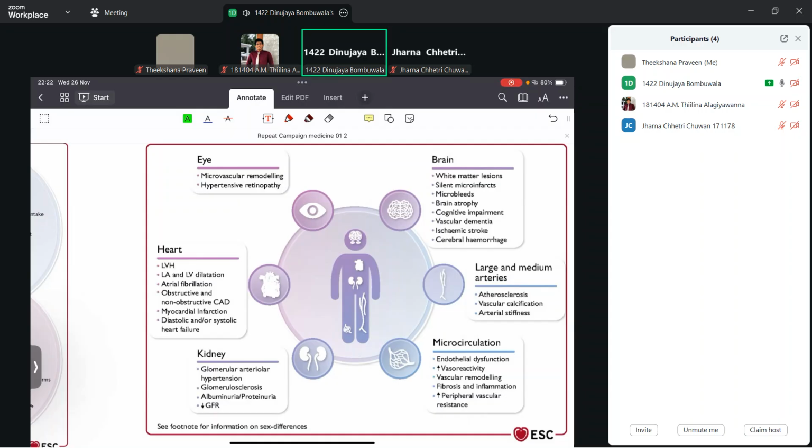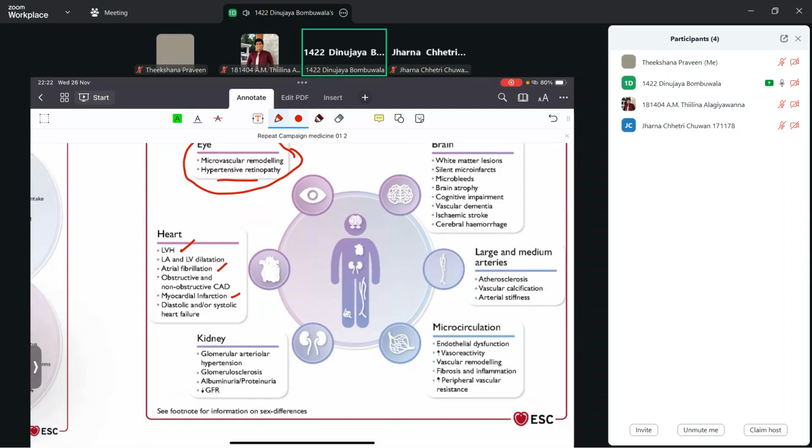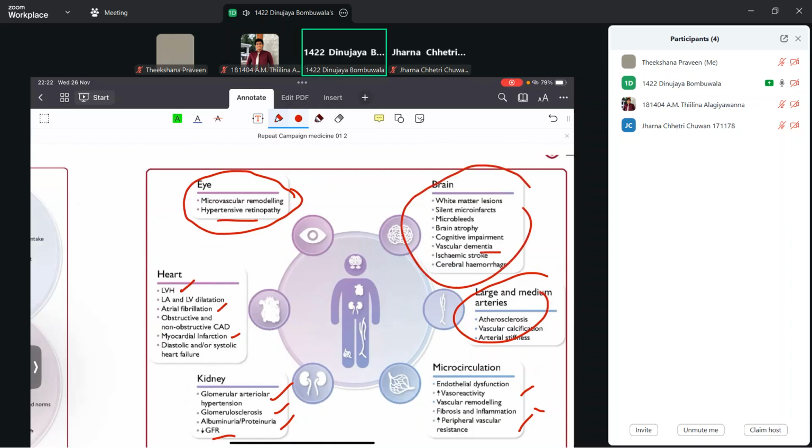In the eyes, there can be hypertensive retinopathy and macrovascular complications. In the heart, LVH and atrial fibrillation. Kidneys, glomerulosclerosis and ultimately CKD. Microcirculation, arteries and brain, vascular dementia, which you told me about.